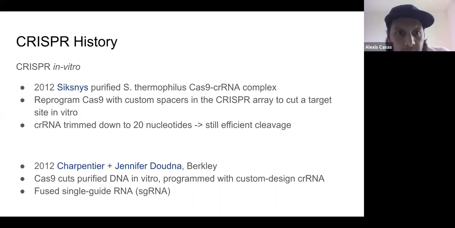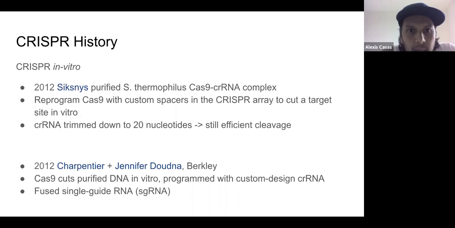And at exactly the same time, in 2012, Emmanuelle Charpentier partnered with Jennifer Doudna from Berkeley. They worked together and used recombinant Cas9 and crRNA and tracrRNA that had been transcribed in vitro. And this Cas9 protein was expressed in E. coli from another organism.